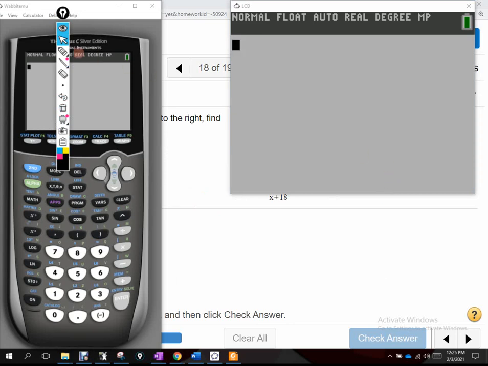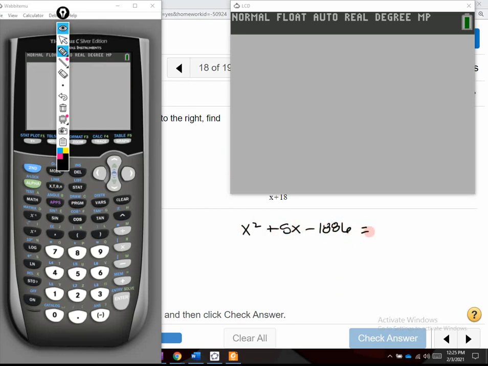Let's say we had the quadratic x squared plus 5x minus 1886 equals 0. Does anybody want to sit and take 1886 divided by 2, 1886 divided by 3, 1886 divided by 4, and seeing what all your factors are? Nobody wants to do that, okay?